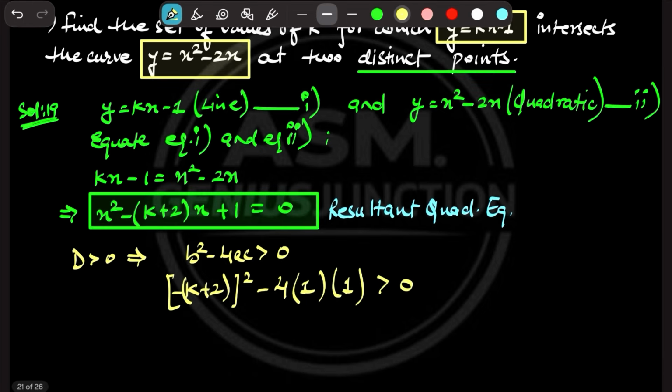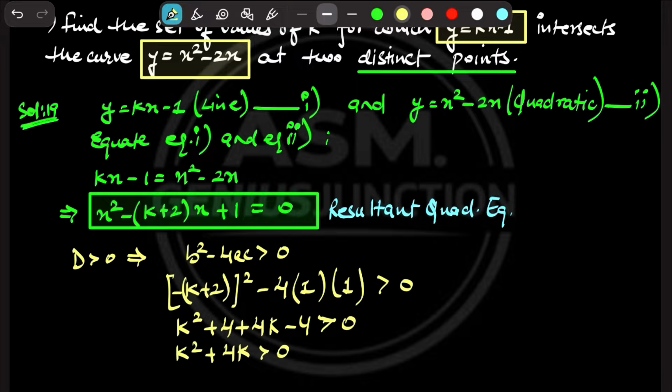Okay, so let's simplify quickly. We will get k square plus 4 plus 4k minus 4 greater than 0. That gives you k square plus 4k greater than 0, right?